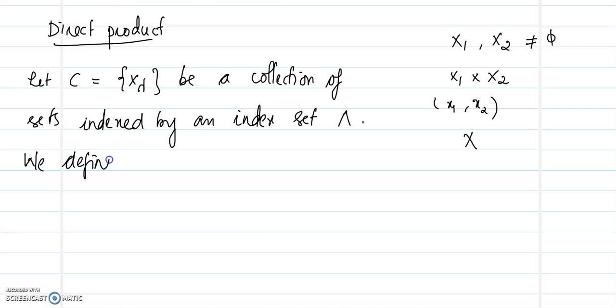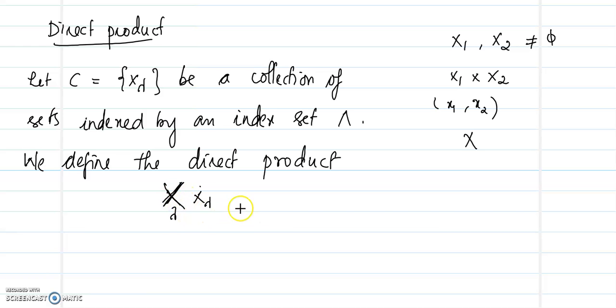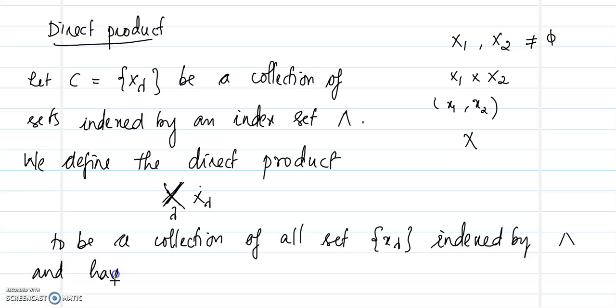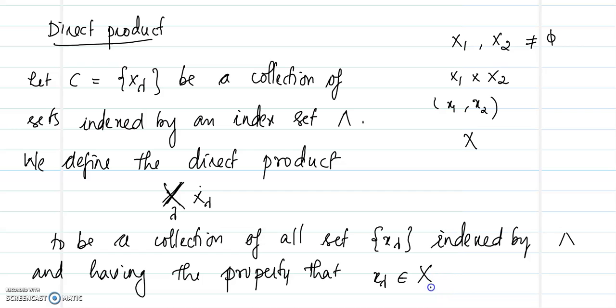Then we define the direct product, which is the product over lambda of X lambda, to be the collection of all elements indexed by capital Lambda and having the property that small x lambda belongs to capital X lambda.